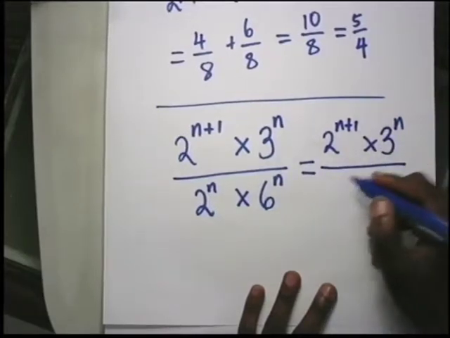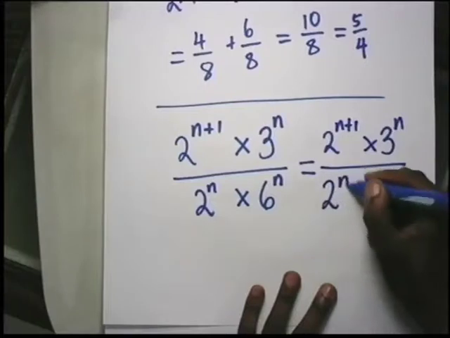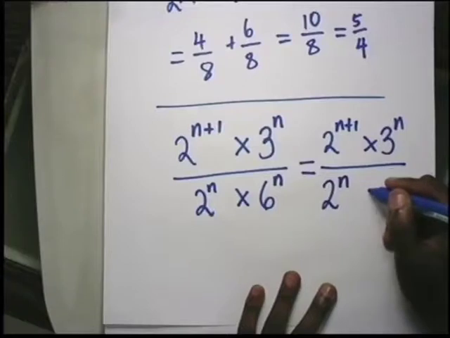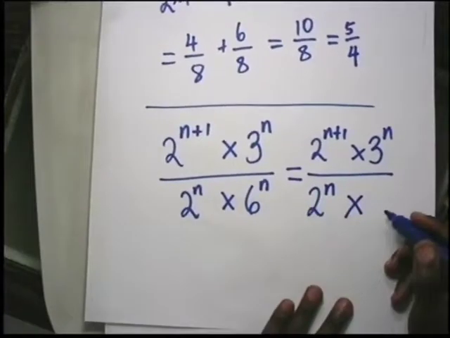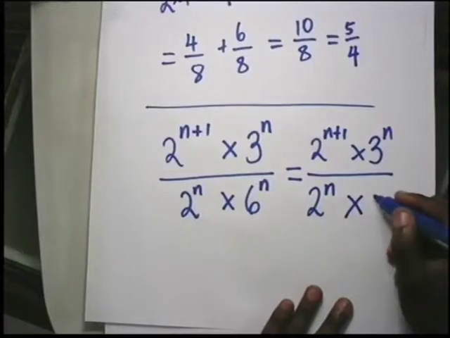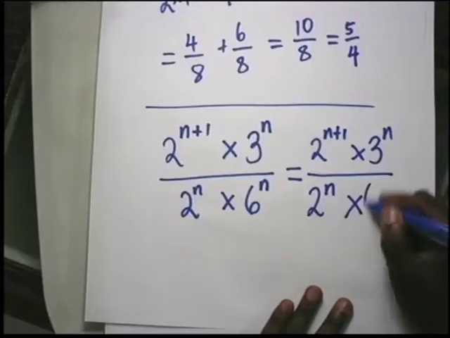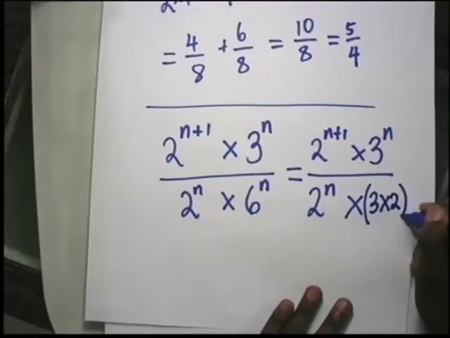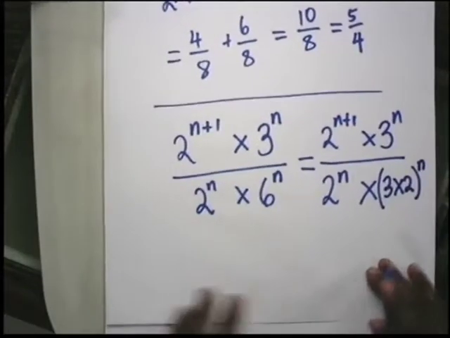Then you have a 2 below, keep it the way it is, and then you have to write 6 as a power of its prime factors. So 6 is the same as 3 multiplied by 2, and you still keep the n there.